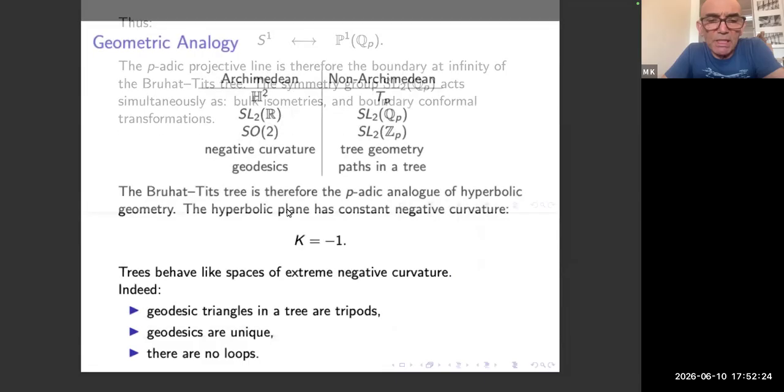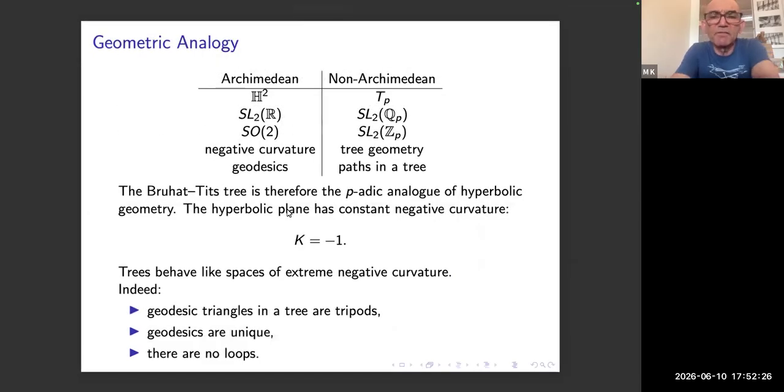I don't think I should go into that, but briefly, this tree is really like a hyperbolic plane with constant negative curvature -1, like the Poincare upper half plane, except it's an extreme case of a hyperbolic metric space where there are no geodesic triangles except tripods.